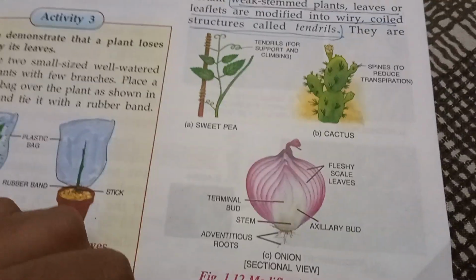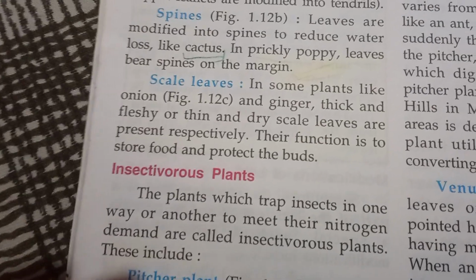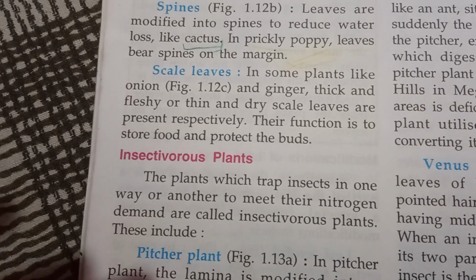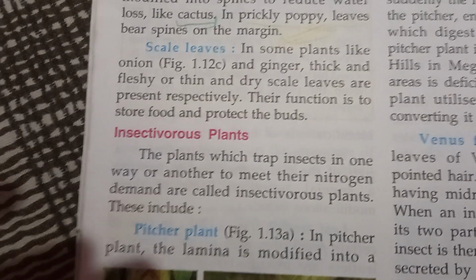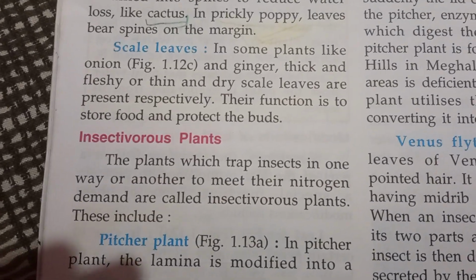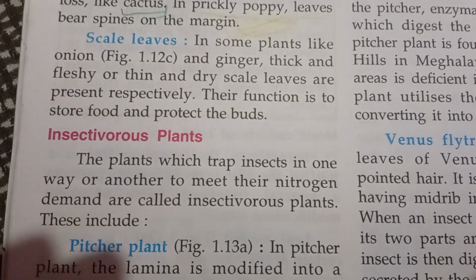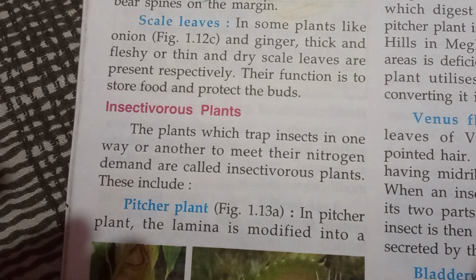Now, scale leaves: in some plants like onion and ginger, thick and fleshy or thin and dry scales are present respectively. Their function is to store food and protect the buds.